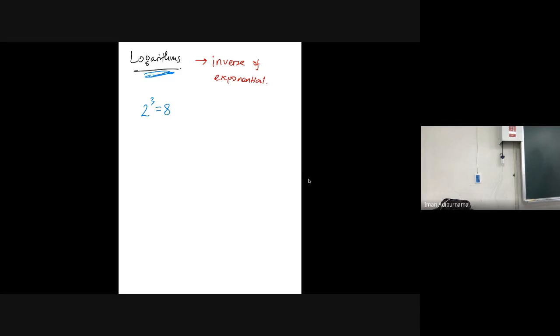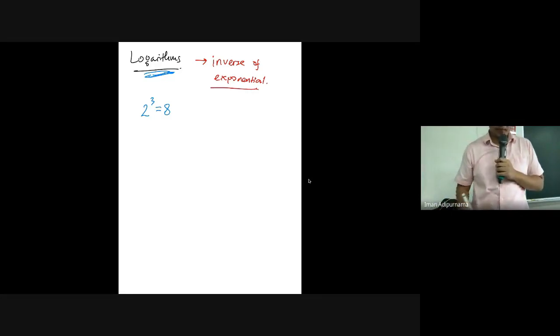When you choose the log, you simplify your terms and your results, and you might be able to observe something, and understand what your database means. So this is basically the inverse of exponential.